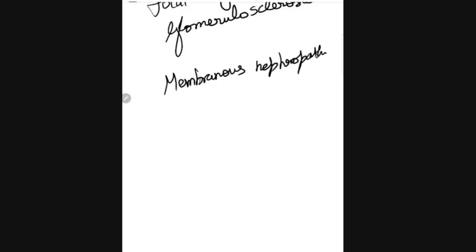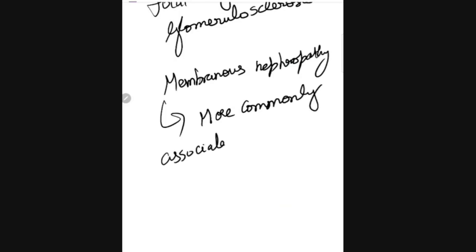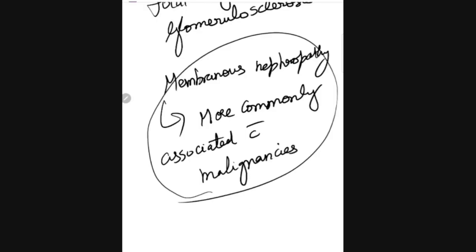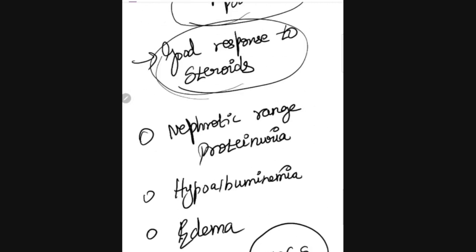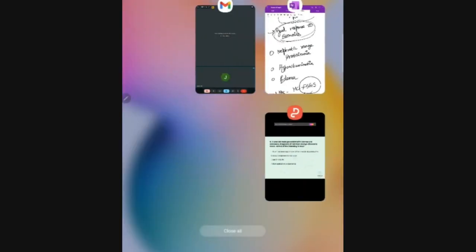In adults this is more commonly associated with malignancies like lymphomas. All these will not show much good response to steroids, but this will show good response to steroids. Which one? Minimal change disease.